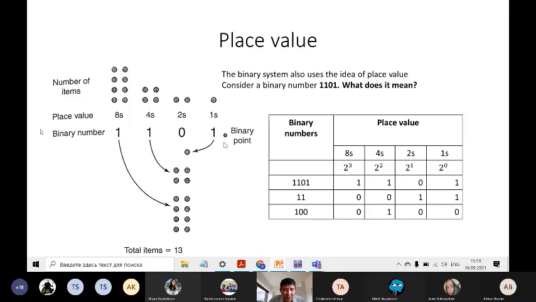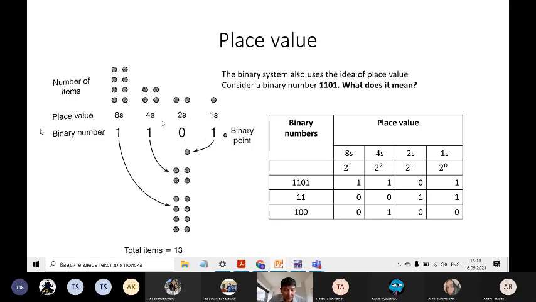The next position from this point on the left has place value 2. The next is 4, 8. So you just multiply by 2 each time: 1, then 2, 4, and it continues forever in this direction.